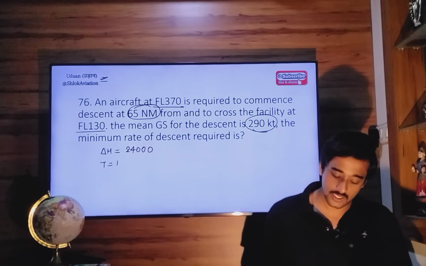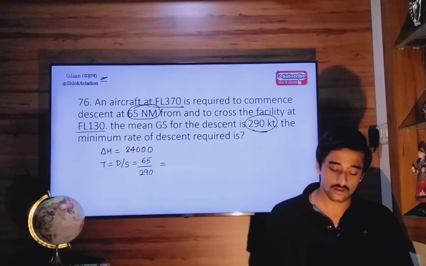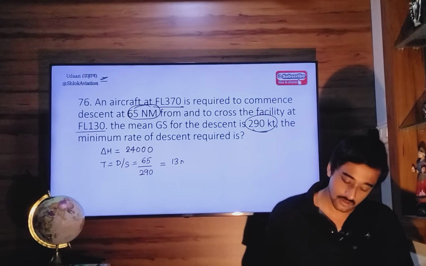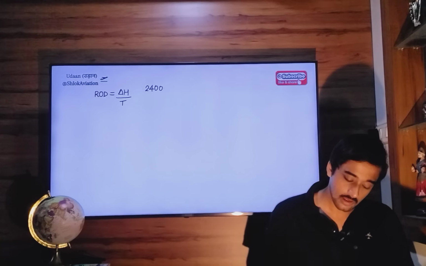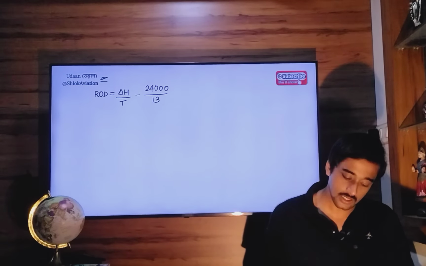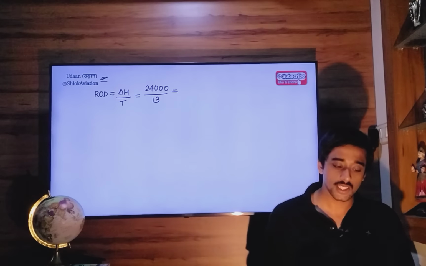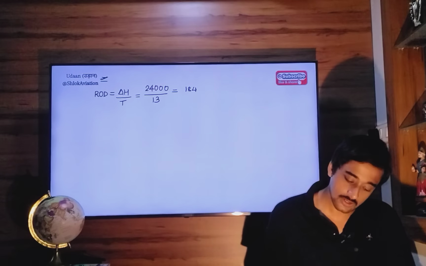Time taken is distance by speed. So 65 by 290 is 13 minutes. So 24,000 divided by 13 minutes is equal to 1846 feet per minute.